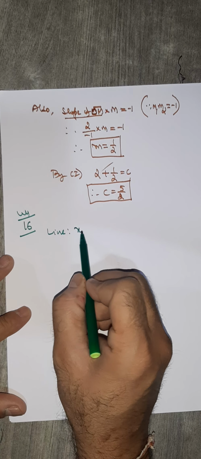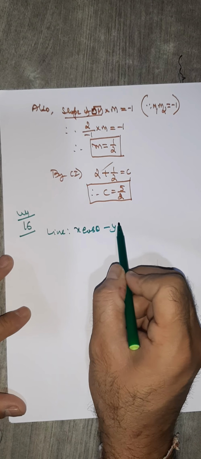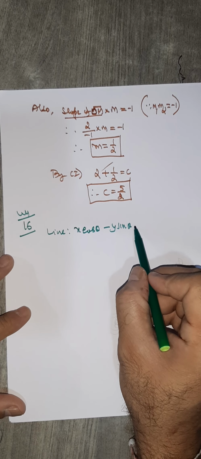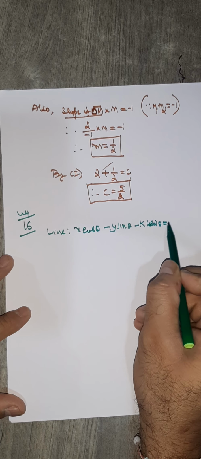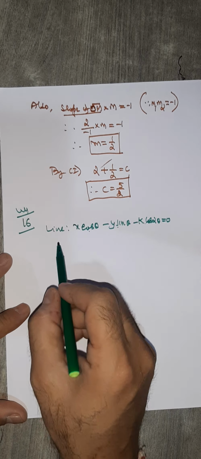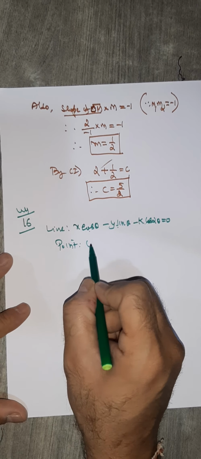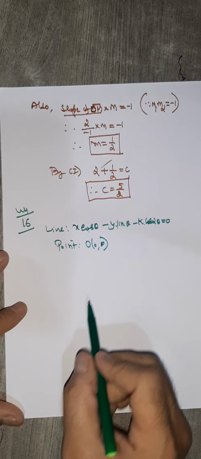That is x cos theta, it is like ax plus by, minus k cos 2 theta, that is plus c equals 0. It's like ax plus by plus c equals 0. The point here is the origin, that is 0, 0, and the distance you are given is small p.